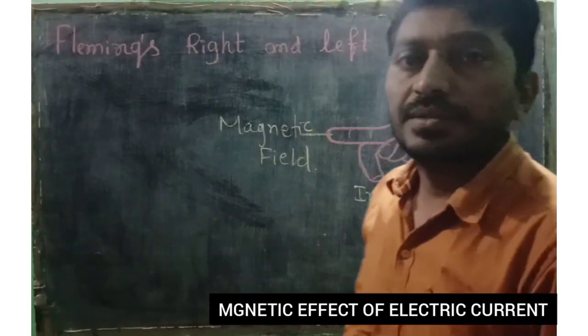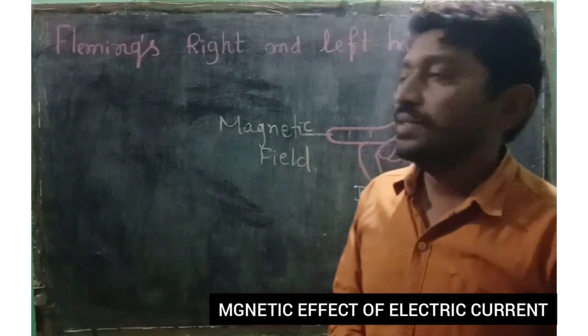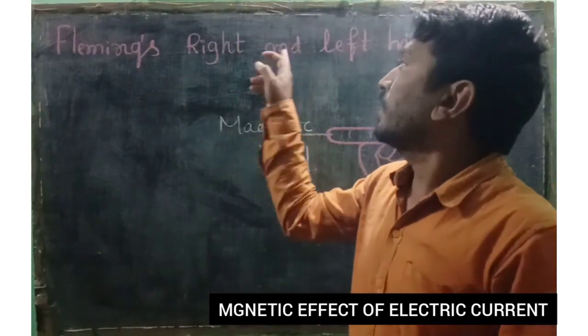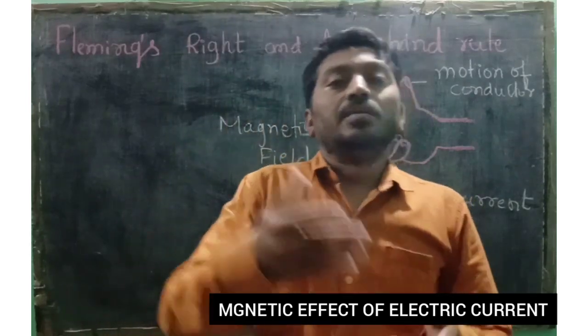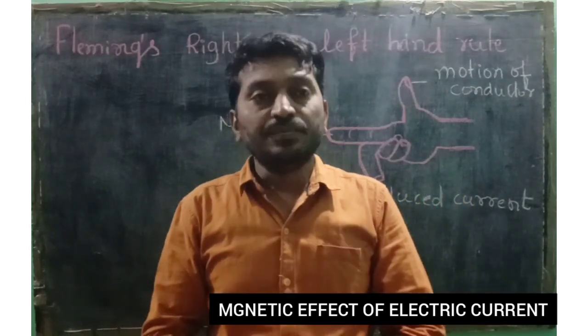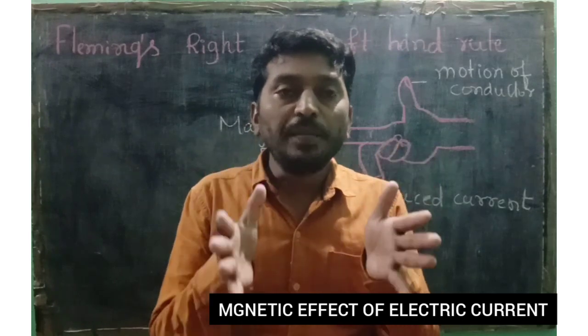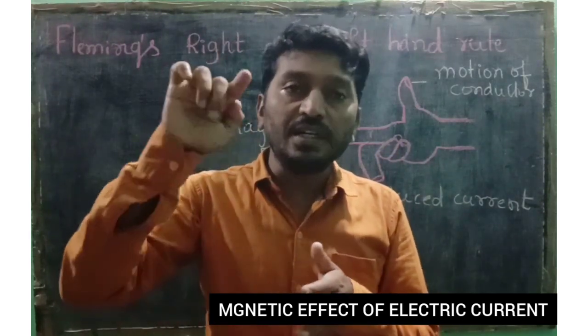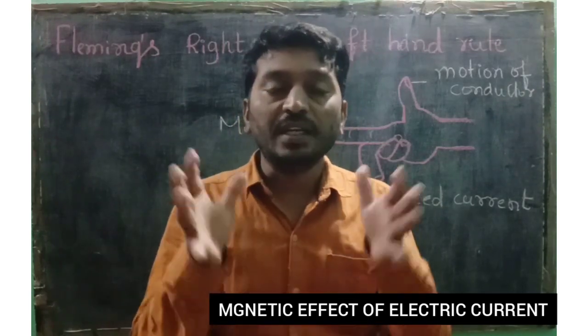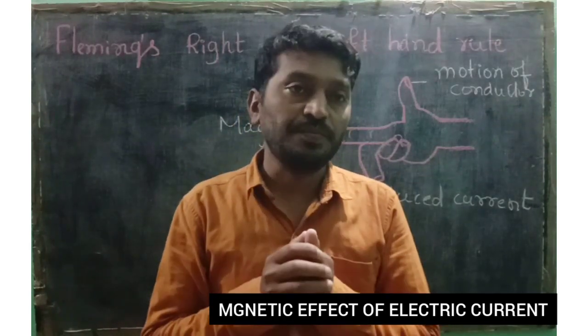Dear students, one more new concept is Fleming's right hand rule and left hand rule. Before, we discussed that when the bar magnet is moving and the magnetic field linked with the conductor changes, an electric current is produced, right?